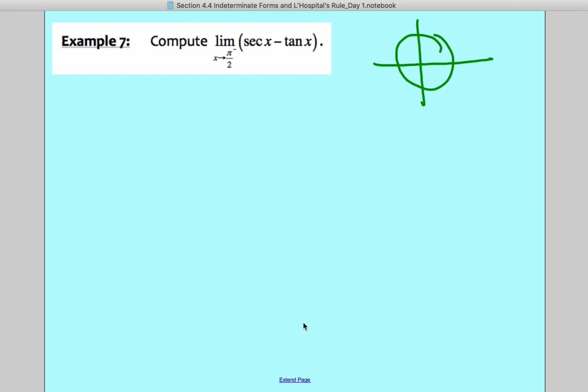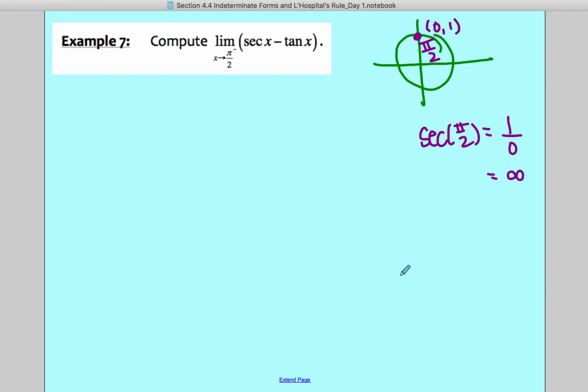We're looking at pi over 2. My ordered pair here is 0, 1. So to find secant of pi over 2, remember, secant is really 1 over your cosine value. What's my cosine value here? 0. 1 over 0 is infinity.